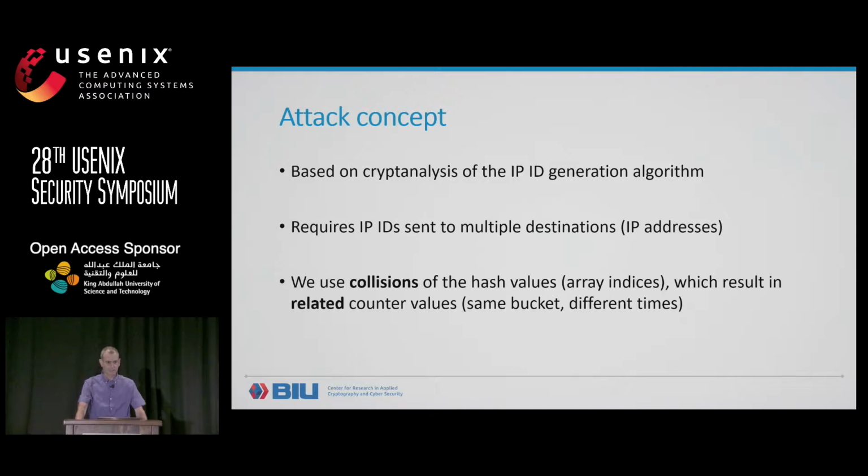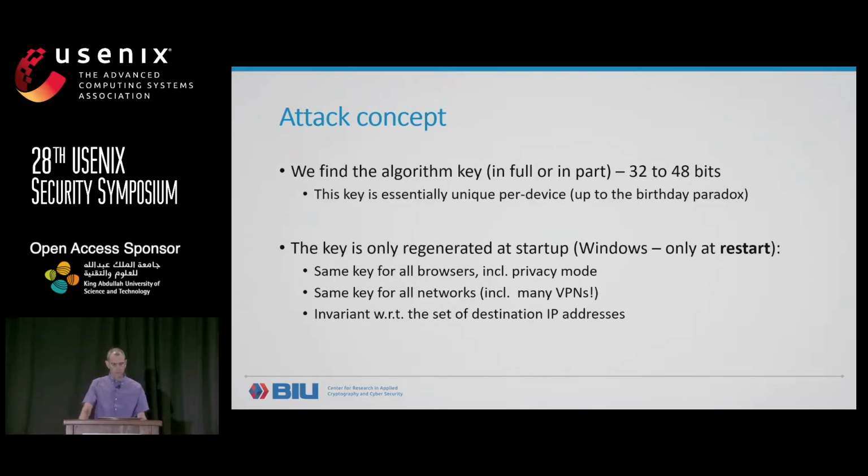The interesting part is that we are using collisions of that hash function I mentioned earlier, the hash function that takes the source IP address, destination IP address, and a key and turns it into an index into the array of counters. We use collisions of this hash function, which result in packets for different IP addresses having their IP ID generated by the same counter at different times. And we use that to find the algorithm key, either in full or in part.